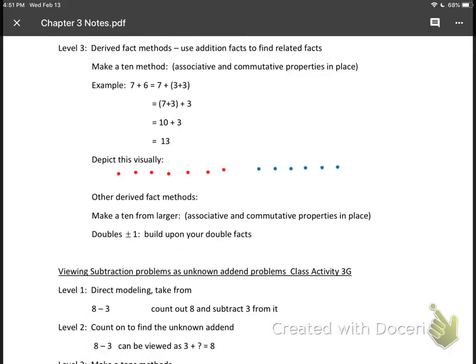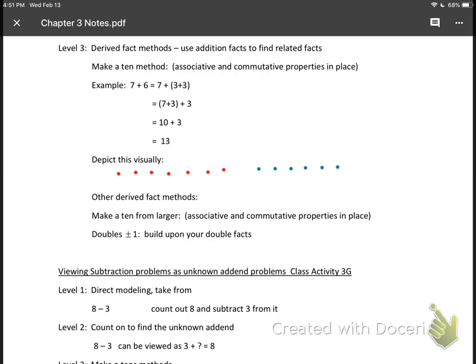When we reach level 3, they are using addition facts to find related facts. This is considered the derived fact method. There are a couple of different ways you can do this. One is the make a 10 method, and you can use the associative and the commutative properties in doing this method.